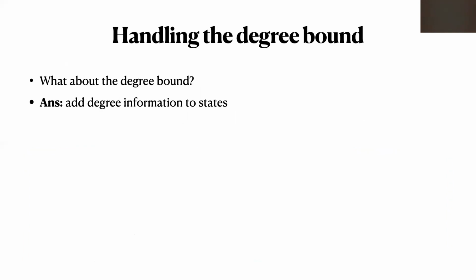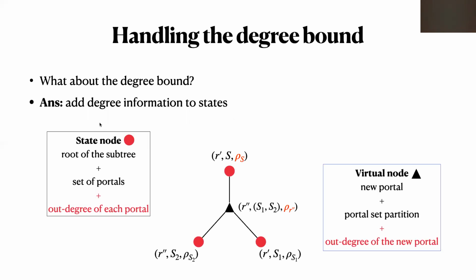Now we return to the problem that's ignored previously, the degree bound. It turns out we can simply incorporate it into each state node. So now each state node contains three pieces of information: the root of the subtree and the set of portals.